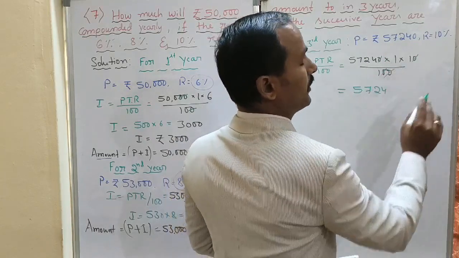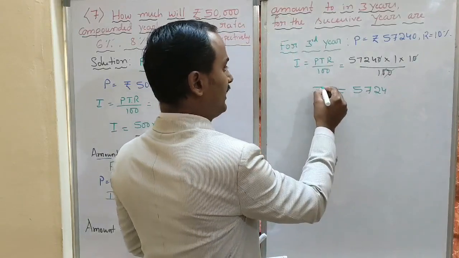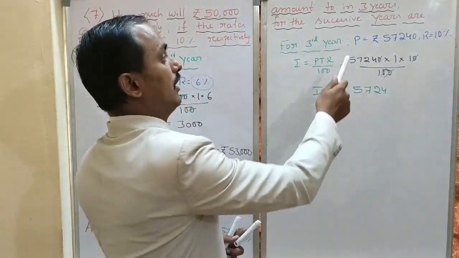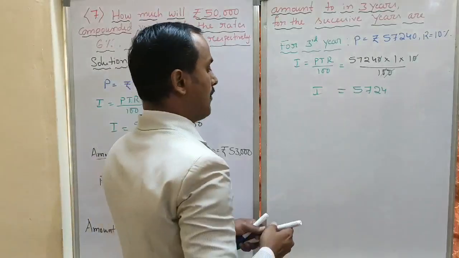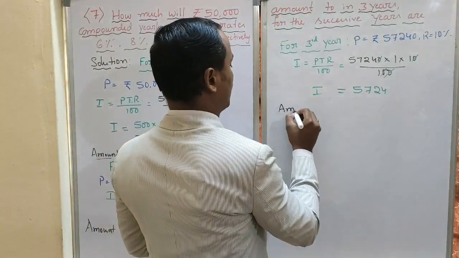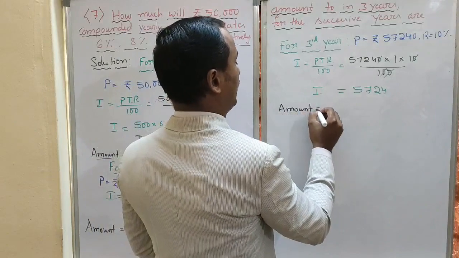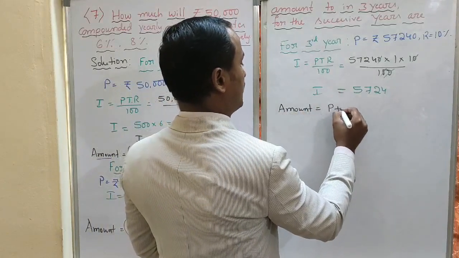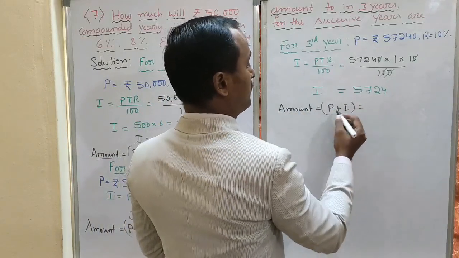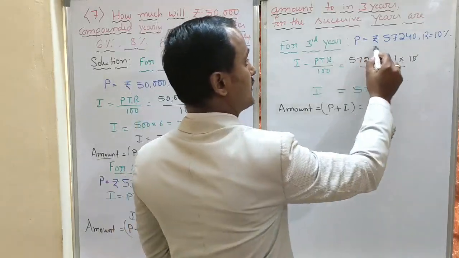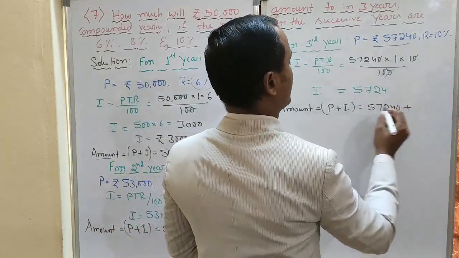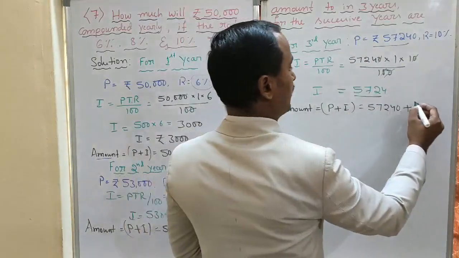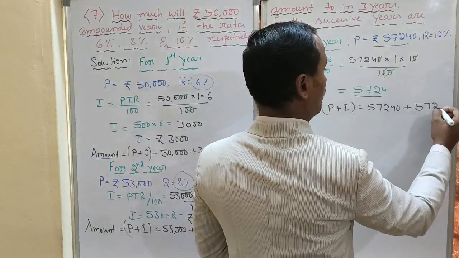It is 5,724 into 1 into 1 into 1. It becomes this one only. Third year interest is 5,724. The amount at the end of the third year is principal plus interest. Which principal? The third year beginning principal, that is 57,240, plus third year interest 5,724.